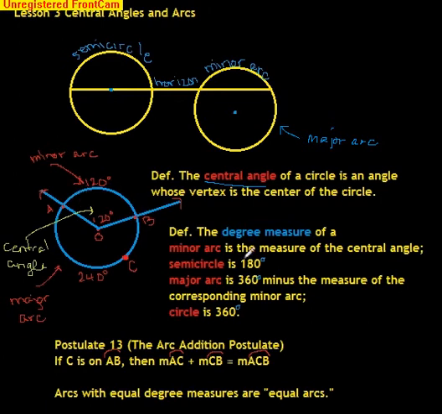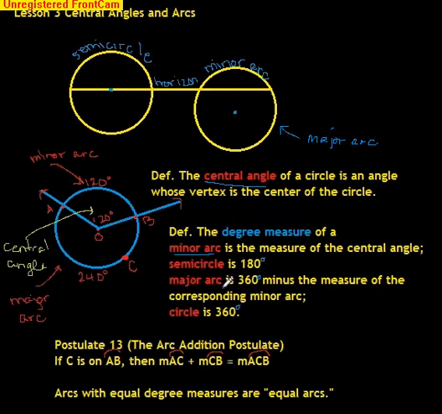Let's look at a couple definitions. The degree measure of a minor arc, and we talked about the minor arc, is the measure of the central angle. So whatever the central angle is, that's what the minor arc is. Not the major arc, but the minor arc. A semicircle, we talked about up here, is half of the circle. A circle's 360 degrees, so a semicircle will be 180 degrees.